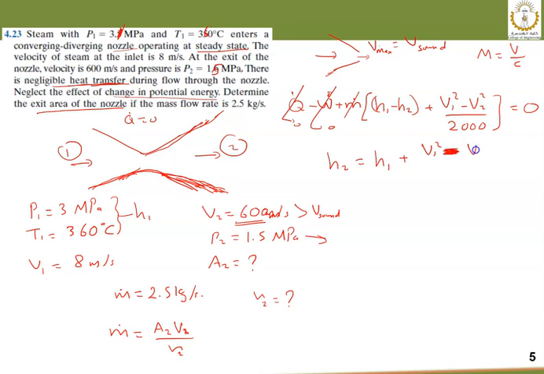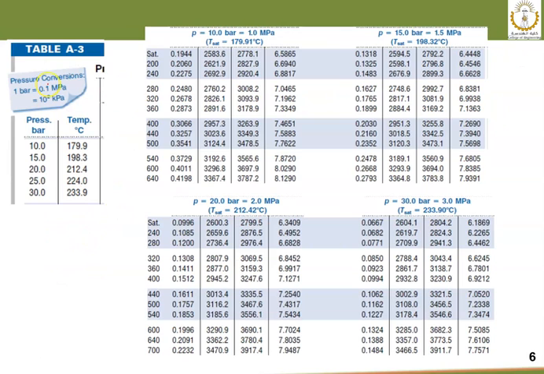Then h2 equals, taking h2 to the right-hand side, h1 plus V1 square minus V2 square over 2000. Now we have V1 equal 8 meters per second, and V2 equal 600 meters per second, so we put them here, divided by 2000. We need h1, so we have pressure of 3 megapascal and temperature of 360. So we go to table A3, for example.